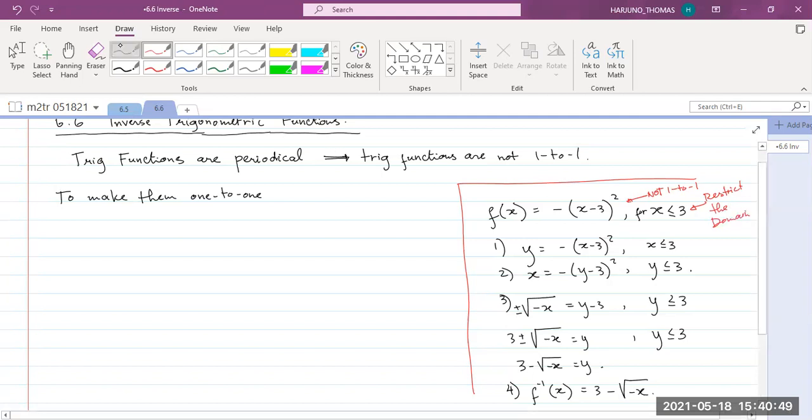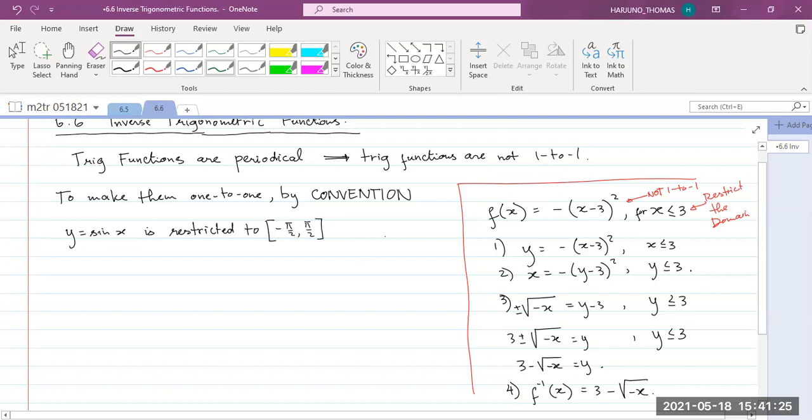Now, to make the trig functions one-to-one, by convention, y equals sine x is restricted to negative pi over 2 to pi over 2.